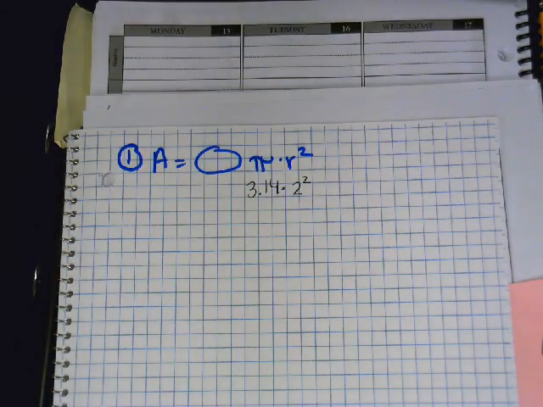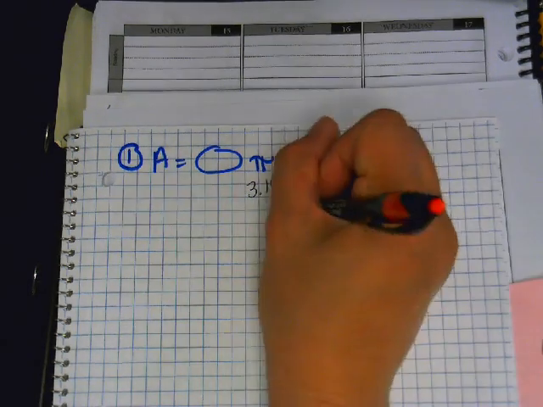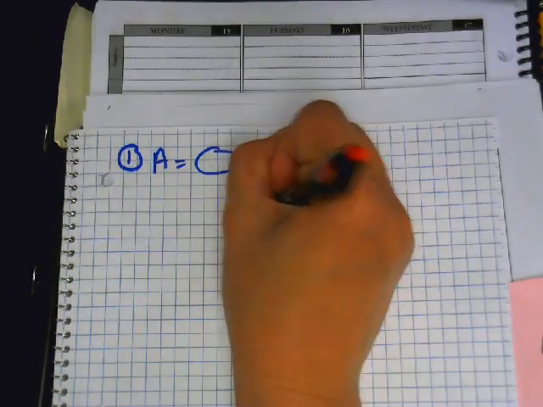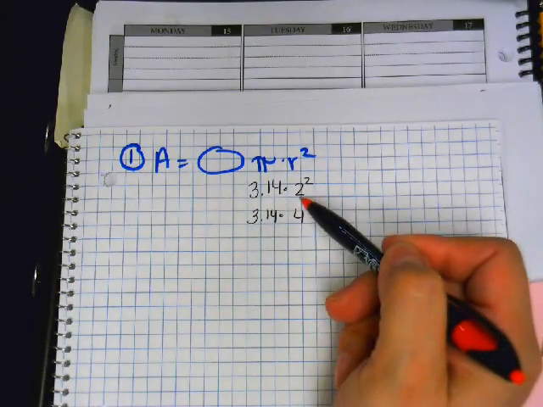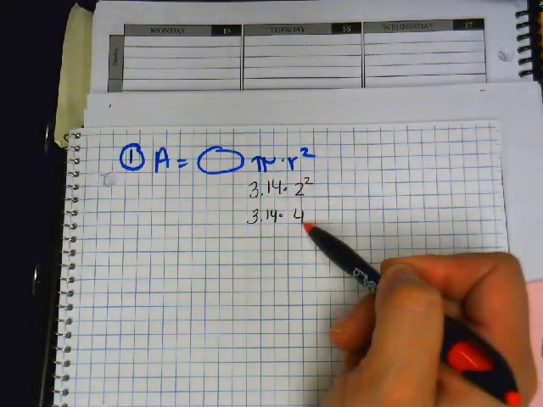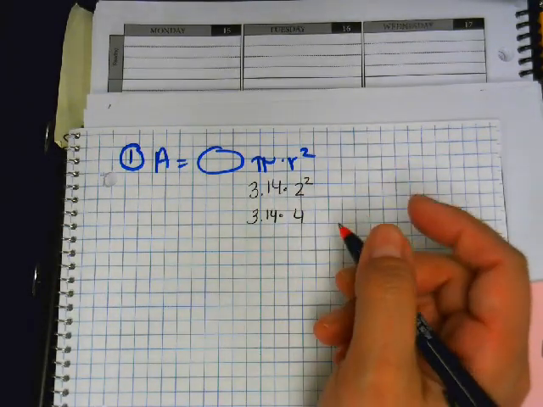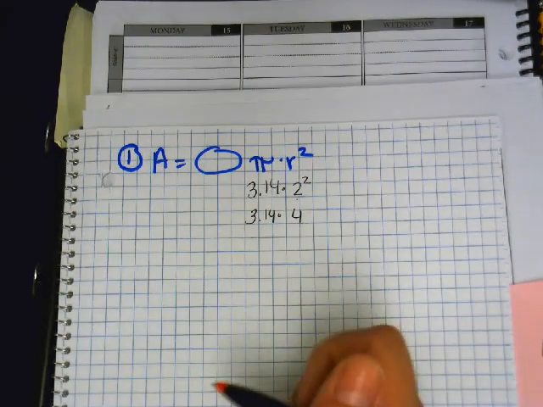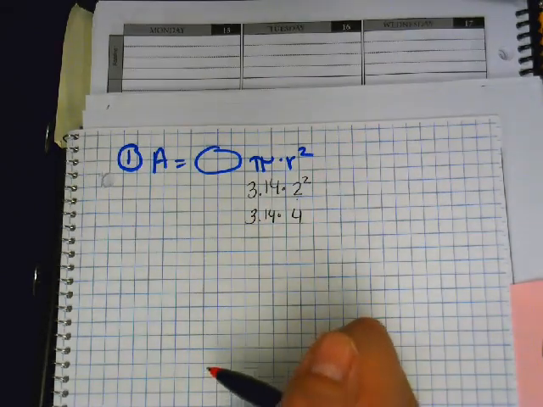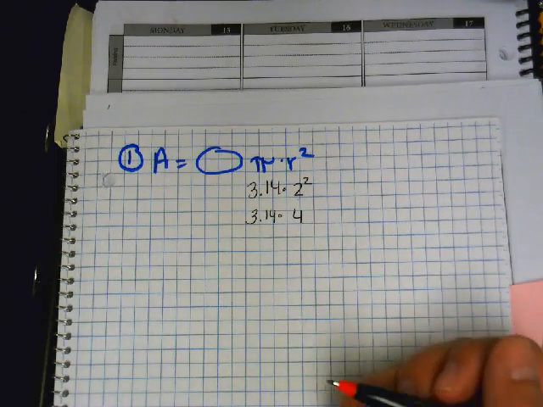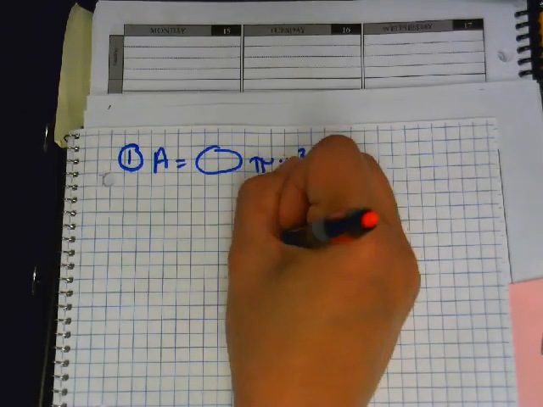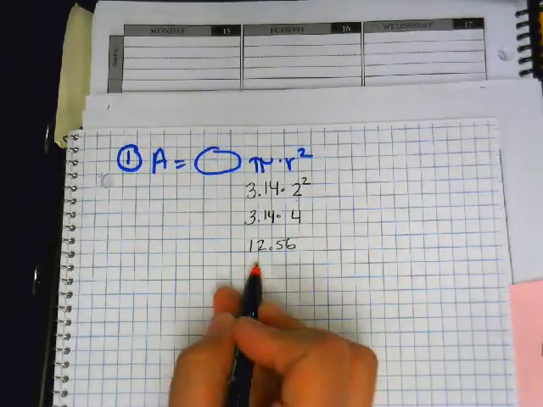What is 2 squared? 4. So this is the work I want to see. You're telling me what's the radius, and you're squaring it and telling me what the answer is. And then you're going to use a calculator if you need to and actually multiply 3.14 times 4. And what is 3.14 times 4? 12.56. Yeah. So that's the first circle.